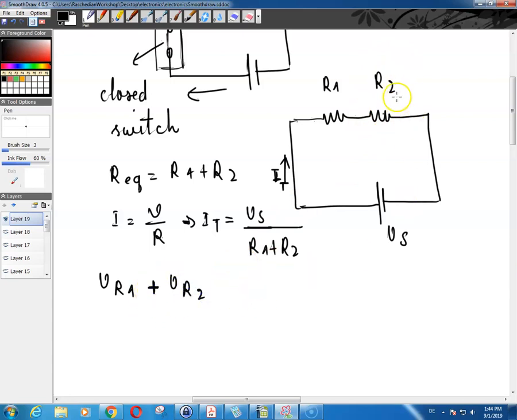And V of R1 plus V of R2 in a series circuit is always equal to the power supply voltage. Meaning that in a series circuit, whenever you measure your power supply voltage, some of this voltage is dropped across this resistor, and some of this voltage is dropped across this resistor.